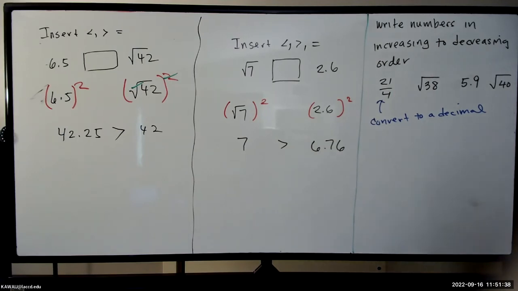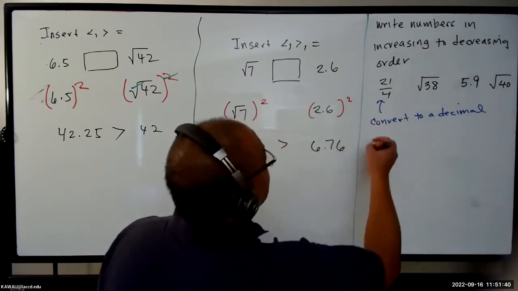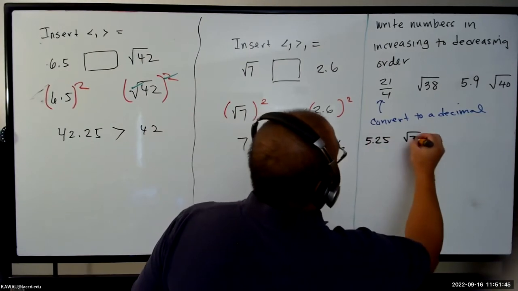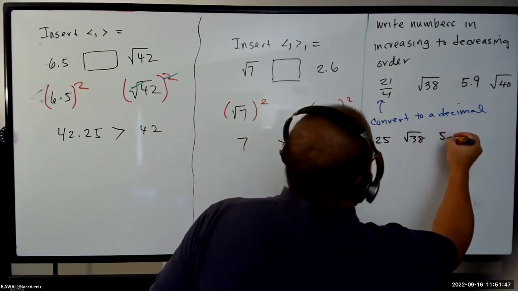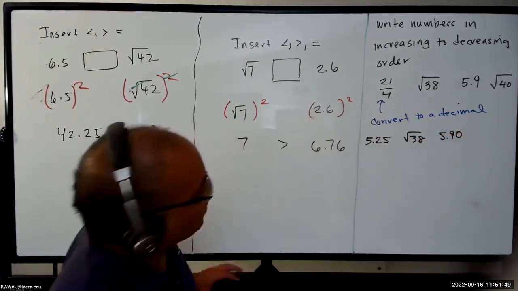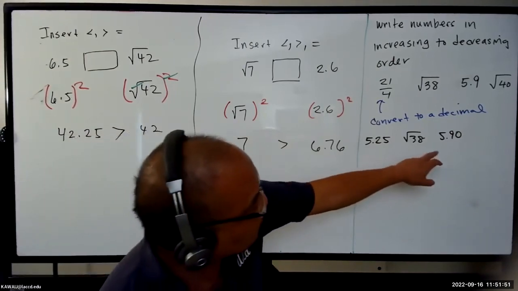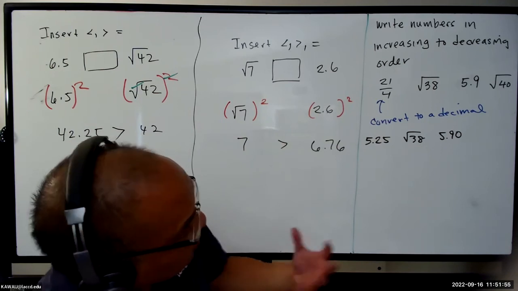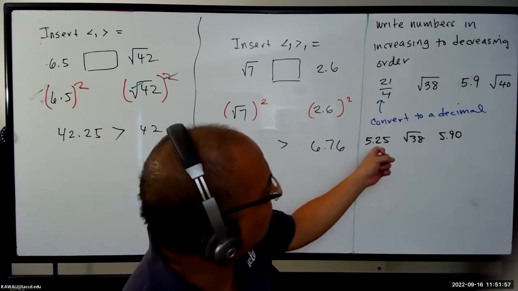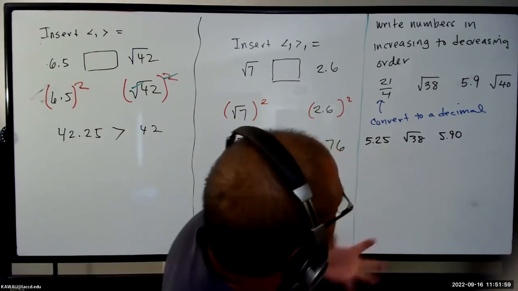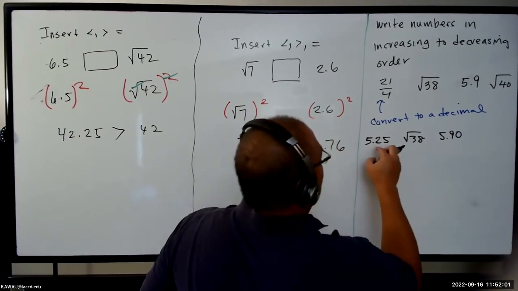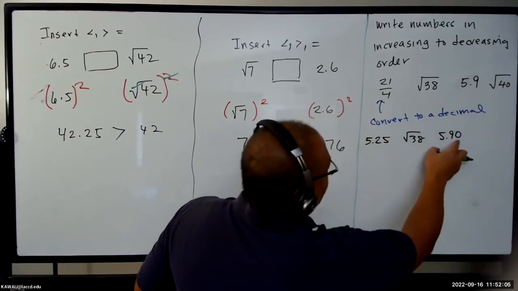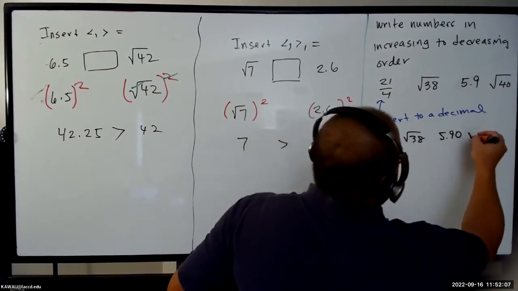So this is 5.25. Now, what I like to do is pad it so all of my decimals have the same number of digits after the decimal. So it's easier to compare, because sometimes you make the mistake where you go, this 525 is bigger than 59, and the answer is no. So I like to pad it with zeros. That way I won't make a mistake.